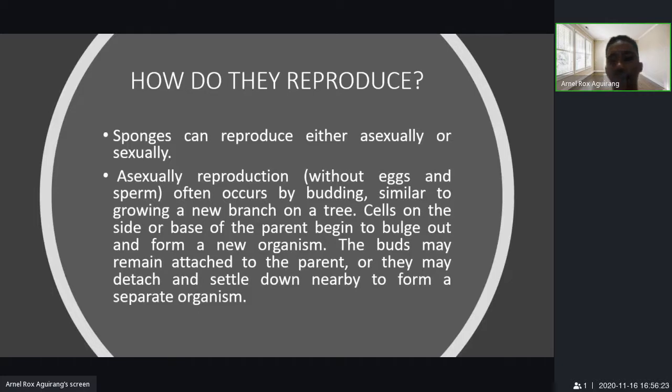The buds may remain attached to the parent, or they may detach and settle down nearby as a separate organism. It stays with its parent or it separates. It depends on the circumstances. For example, if the water pressure is strong, there is a possibility that it will be washed out. So it forms a new settlement in a different place and no longer stays with the parent.